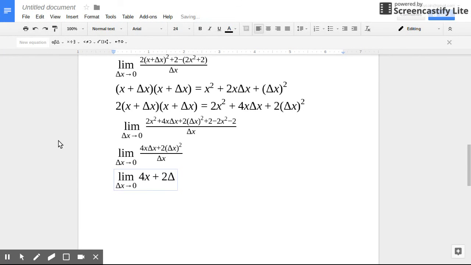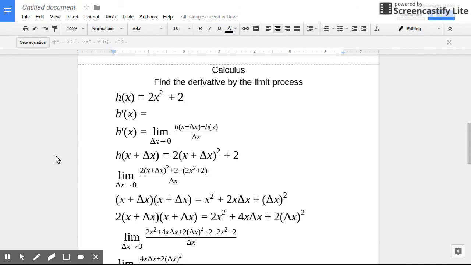When we plug all this in, it looks to me like a 4x is going to be our answer. So we end up with h of x is equal to 4x, and we're done. Bam. Got it? See that? You see a pattern yet? There's a pattern.